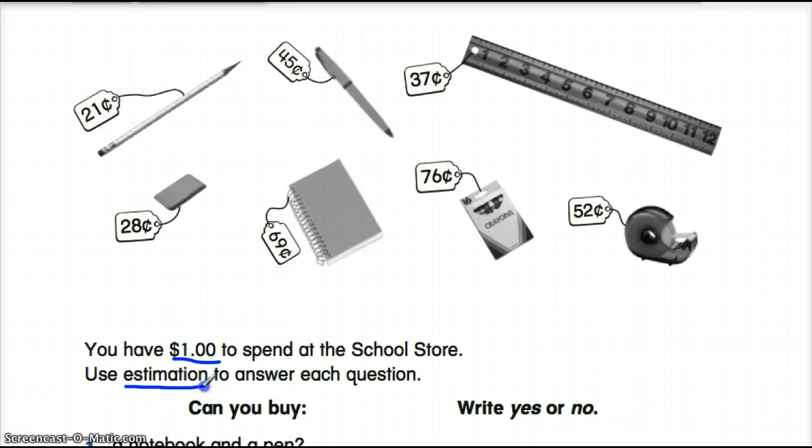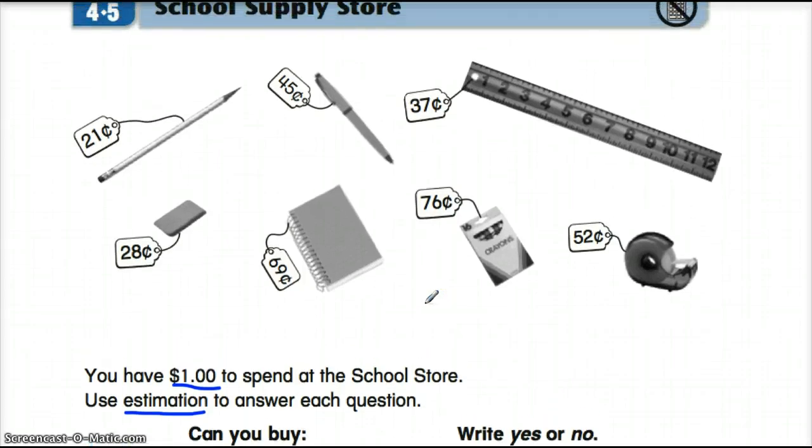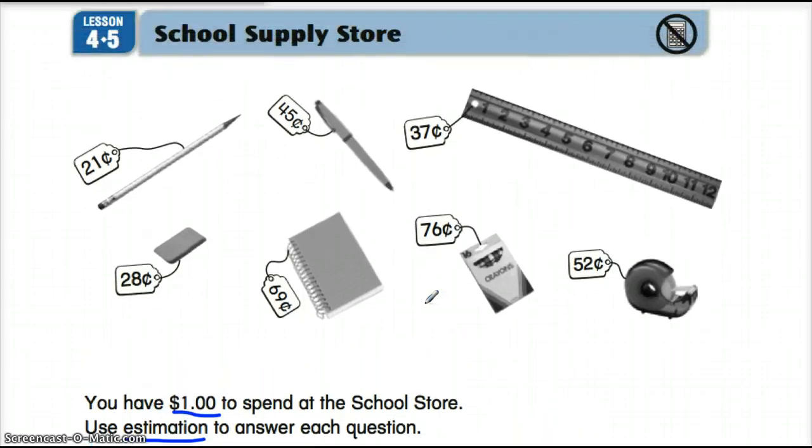Estimation. Let's talk about that for a minute before we get started. Estimation means that you are estimating or making an estimate. And an estimate is a close guess as to how much something is. Estimates are friendly numbers, meaning that they're easy numbers to add and subtract.